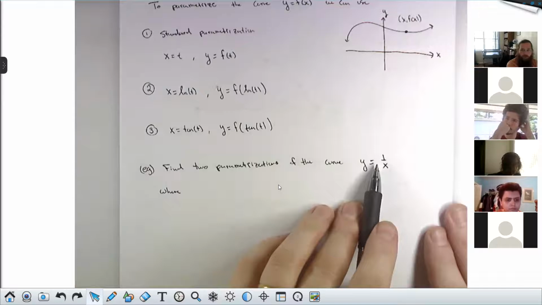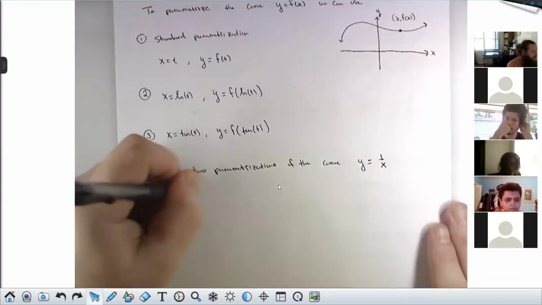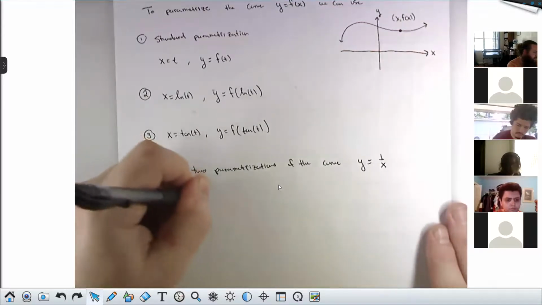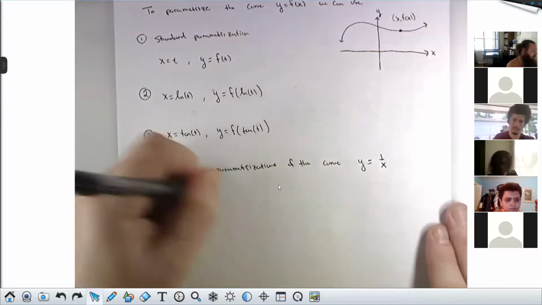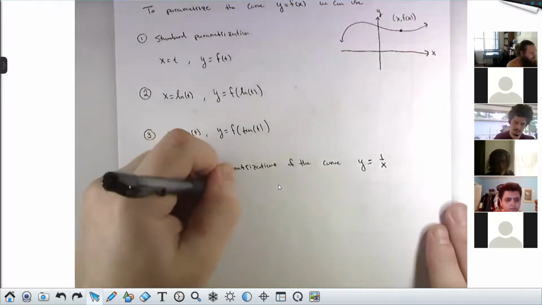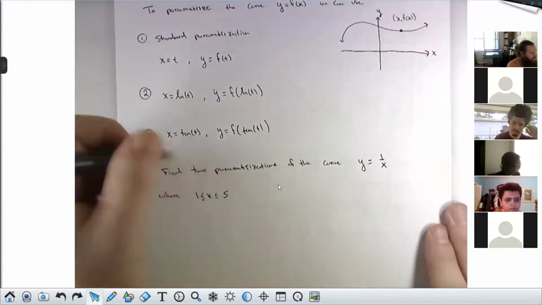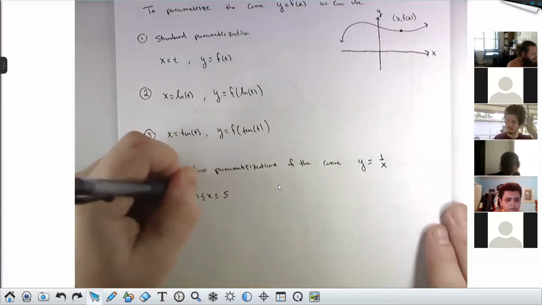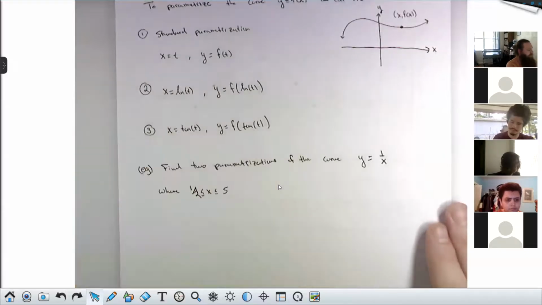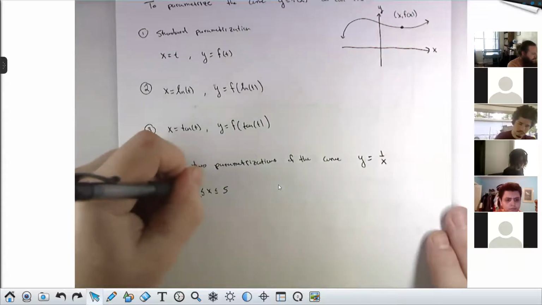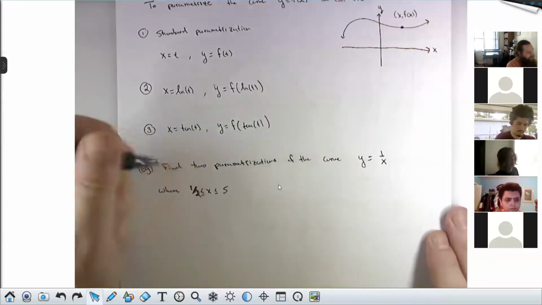I don't want the whole thing. I just want the piece where 1 is less than or equal to x is less than or equal to, let's say 5. Maybe I'll make this 1/2 is less than or equal to x is less than or equal to 5. That way we get a nice chunk of that guy.